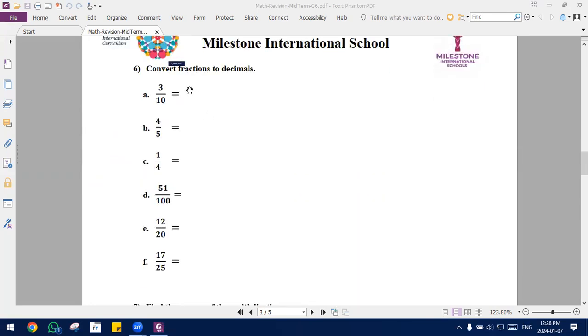Question number 6. Convert fractions to decimals. Okay. First of all, before we start, let me write a value. 0 point, let's say, 16. Now, the digit after the decimal point, what do we call it? We call it tenth. Why? Because it's 1 out of 10.